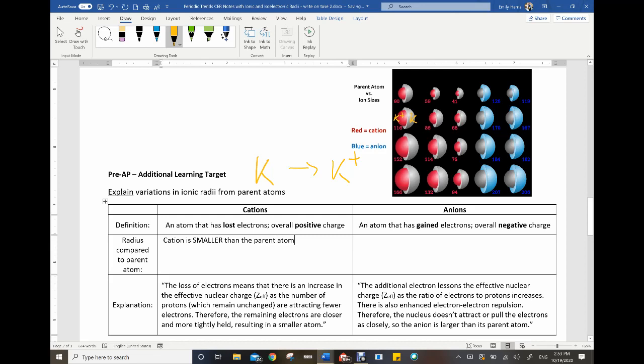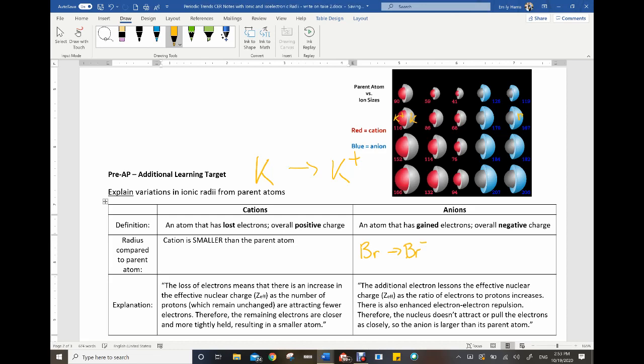Now, if we look at the anions, on the other hand, that is an atom that has gained electrons, and so will have an overall negative charge. That might be an example of bromine as the parent atom and Br minus as the anion. It's gained one extra electron.